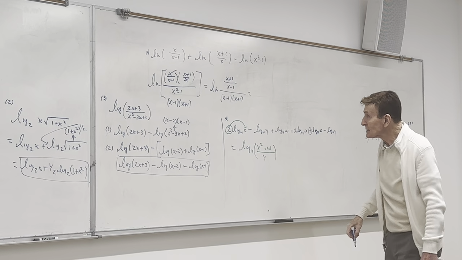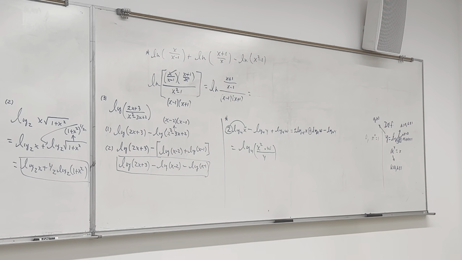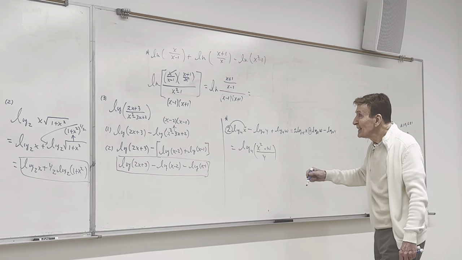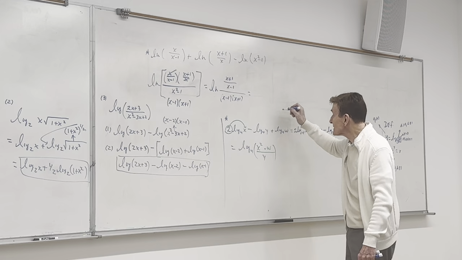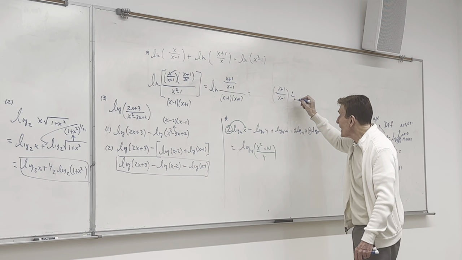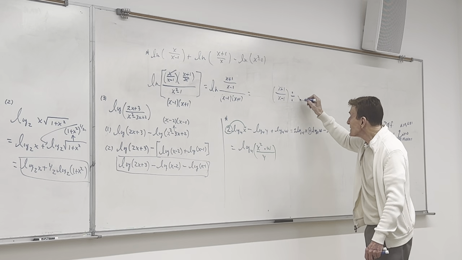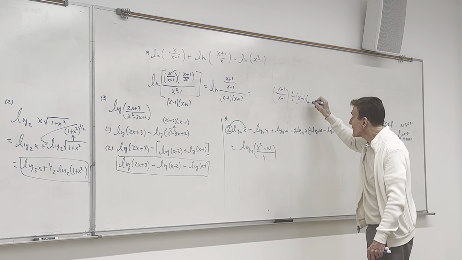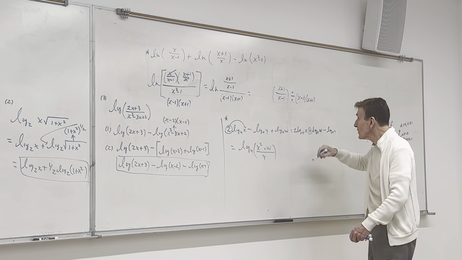Let me step back and look at it, see if you guys agree. Yes or no? No, all I need to do is clean it up. You say, Professor, what do you mean? This is algebra. I gotta clean this up right here. So it says x plus one over x minus one, that's being divided by this. Let's think of it like this as we close down here.